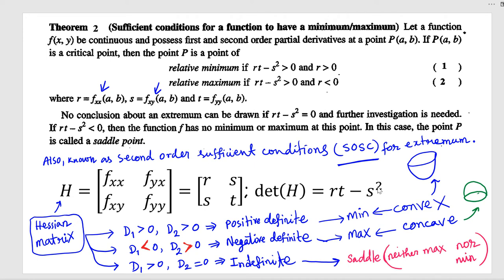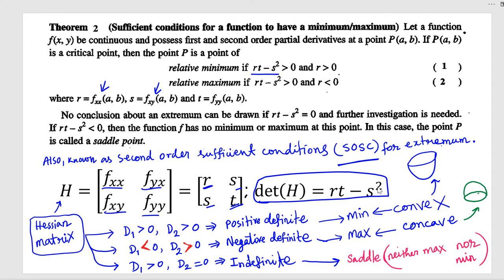We call them R, S, and T. This is a symmetric matrix. Then calculate the determinant, RT minus S square.